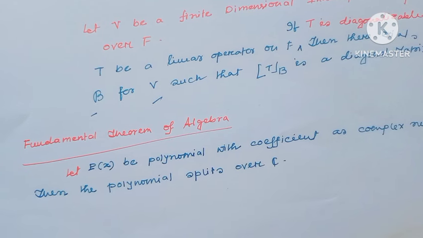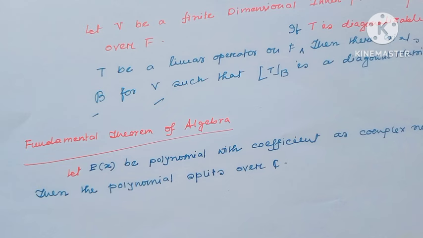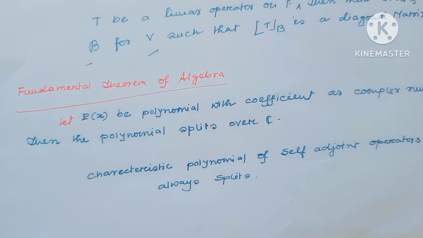Then my next question: how does the fundamental theorem of algebra impact a self-adjoint operator? Actually, the characteristic polynomial of a self-adjoint operator always splits, either in a real inner product space or in a complex inner product space.